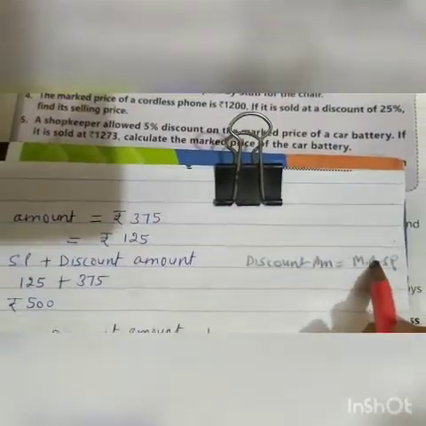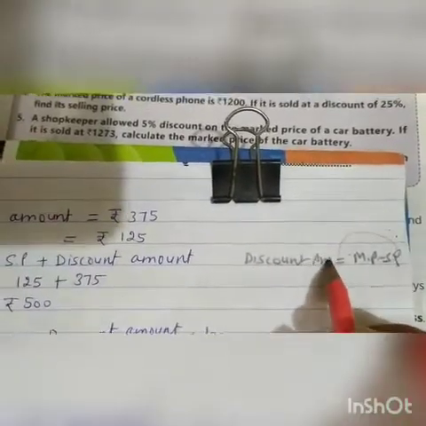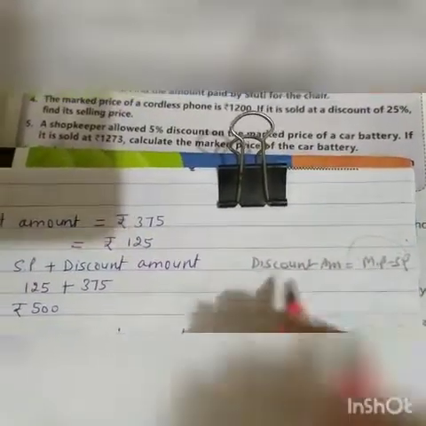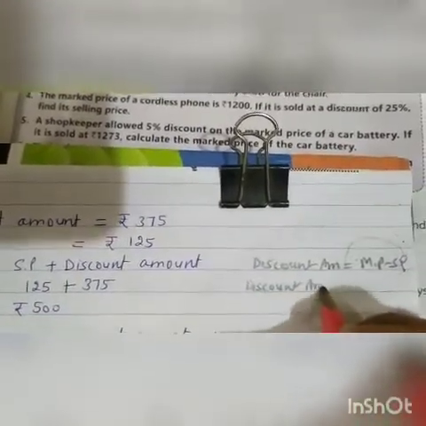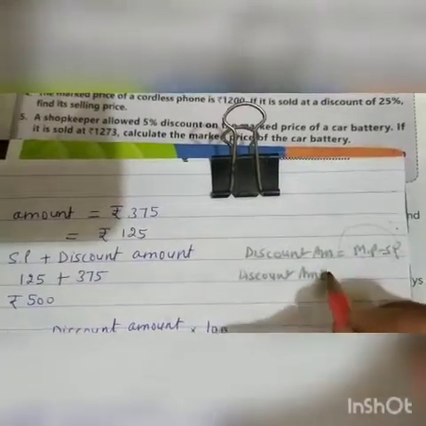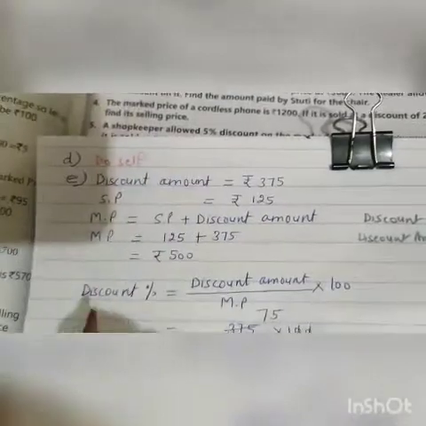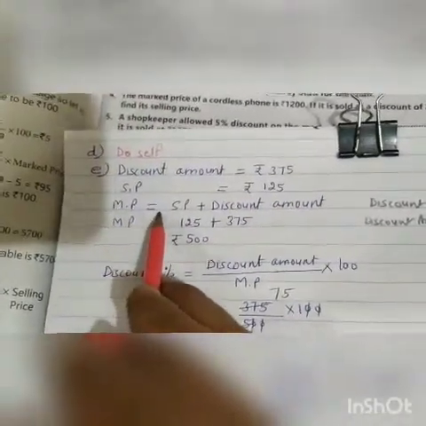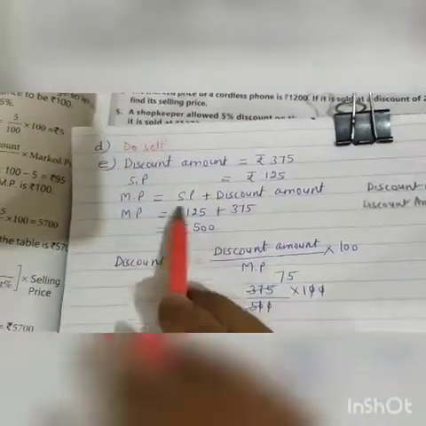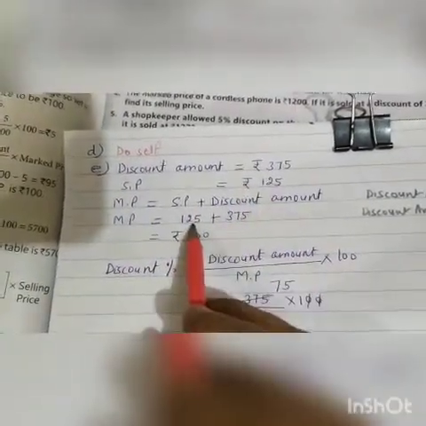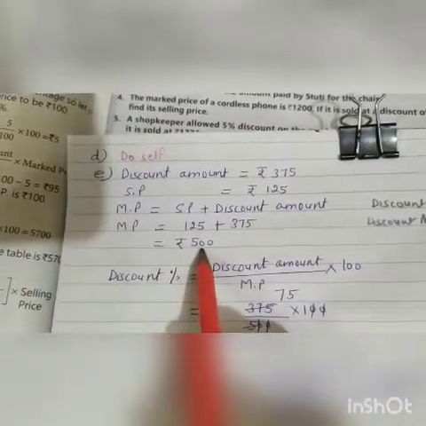If we take this minus selling price to this side, it becomes discount amount plus selling price is equal to mark price. Same formula I am using here. Mark price is equal to selling price plus discount amount. So mark price is equal to selling price 125 plus discount amount 375, which is 500 rupees.